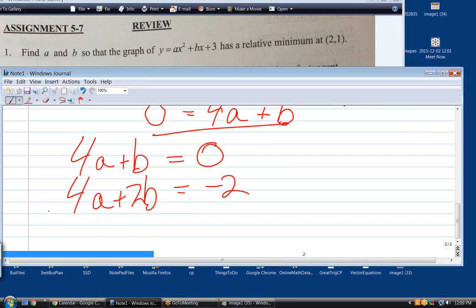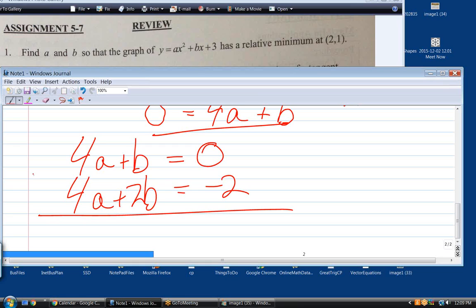How do I solve that? Well, I would just say 4a equals minus 2 minus 2b, and then you can plug that in for 4a, right? Well, that'd be using substitution, but it's really much easier to use elimination. Let's subtract the two equations, and that'll get rid of the a.